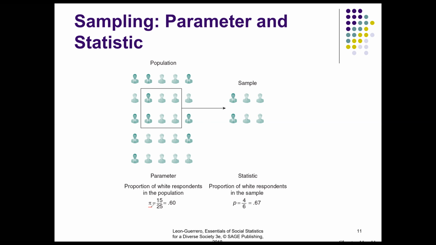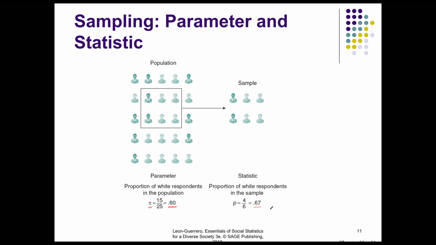The proportion of white respondents in the population is 0.6, about 60%. So in the whole population, about 60% of respondents are white. If we take a sample from the population and calculate the same proportion of respondents who are white, we'll see that about 0.67 or 67% of respondents in our sample are white.